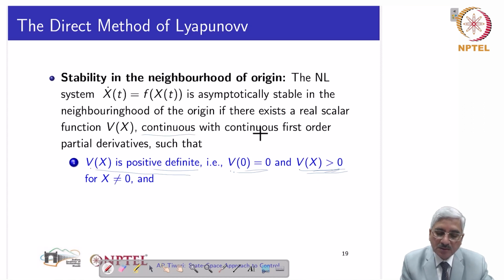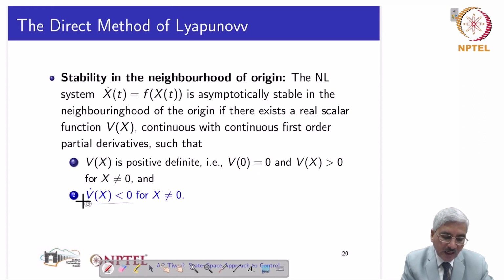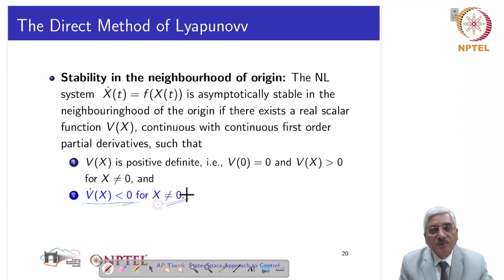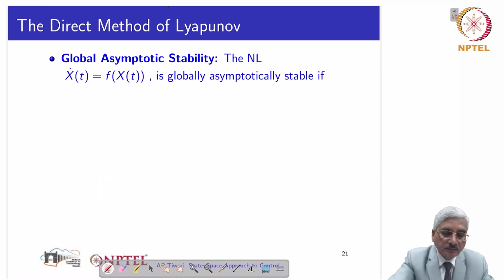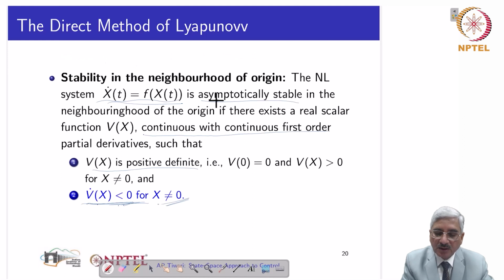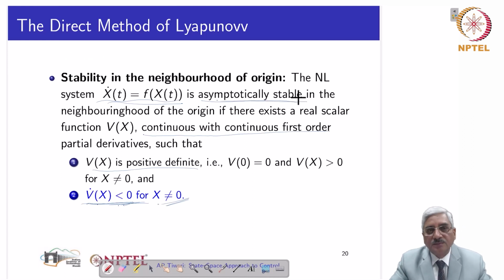So if it is continuous with continuous first order partial derivatives, and if it is positive definite, and in addition if its first time derivative V dot is negative definite at all those points other than the origin, then the system will be asymptotically stable in the neighborhood of the origin, and the origin is that point of equilibrium of the nonlinear system.